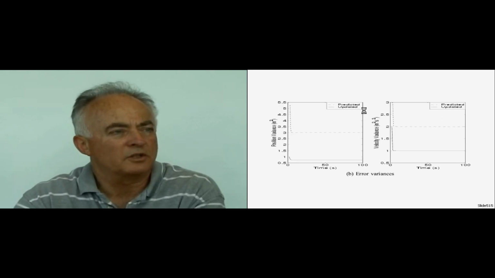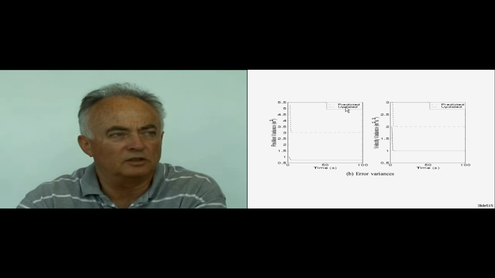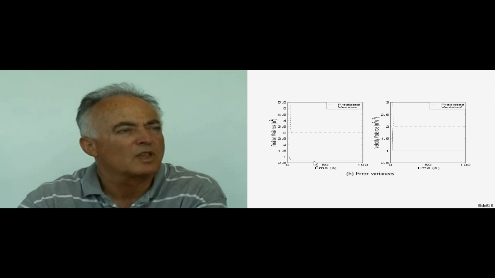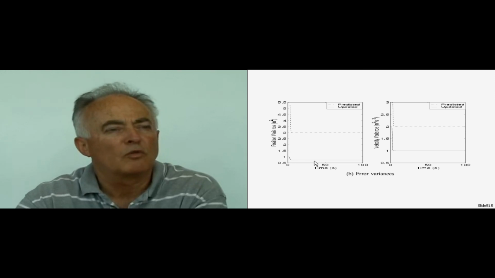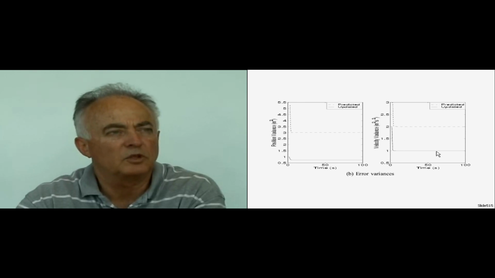The error variances will also go to steady state. The predicted is around 3. The updated is around 0.775 now for the position. For the velocity, predicted is 2, updated is 1. Here are the units, meter square per second square.